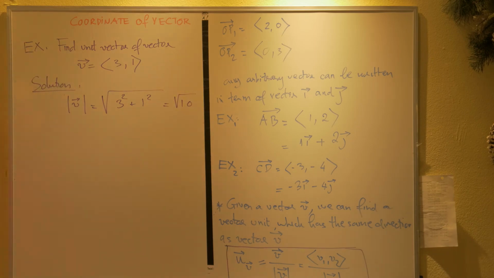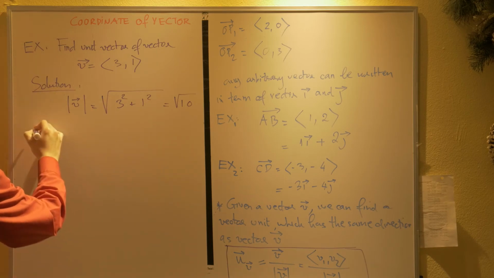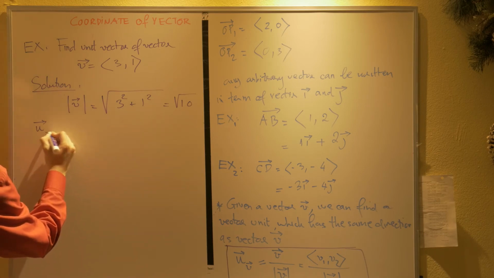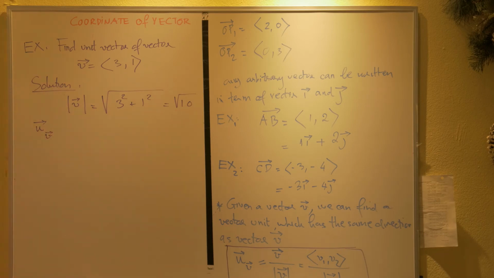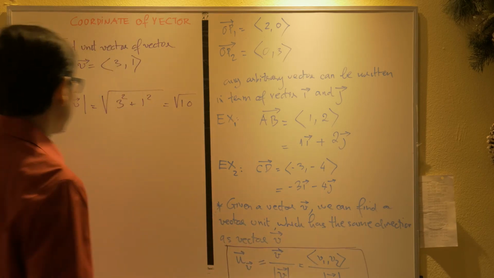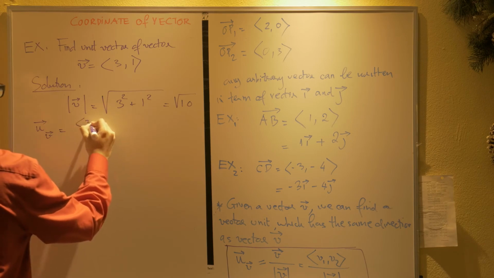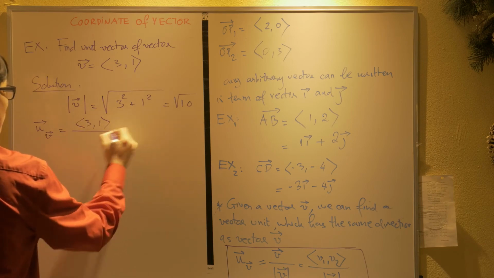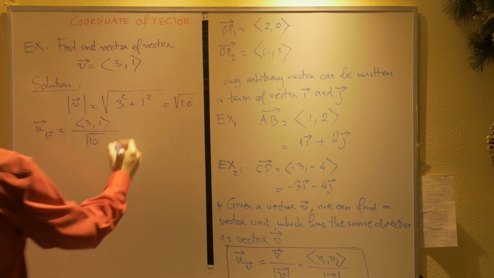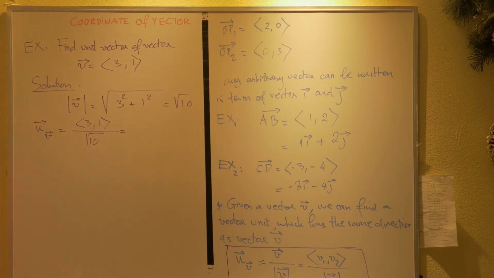Then you can find the unit vector. It's notated as u with respect to v, equal to the coordinate 3, 1 over the square root of 10. Then you can write this in terms of i and j.